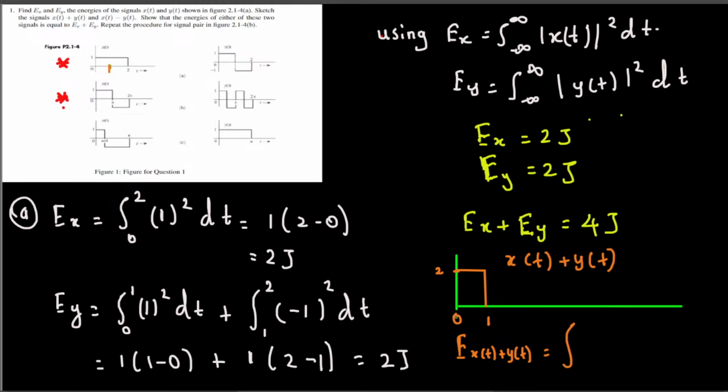The limit is 0 to 1 actually, we have to look at the x-axis. And the height is 2, so that is 2 squared dt.